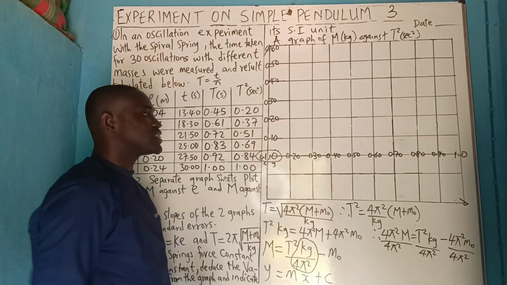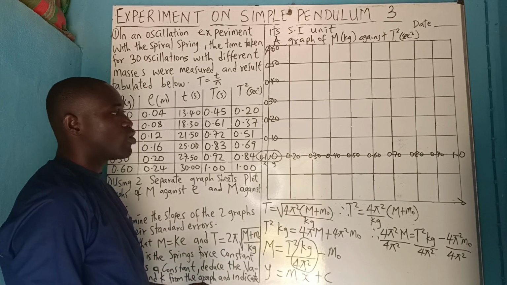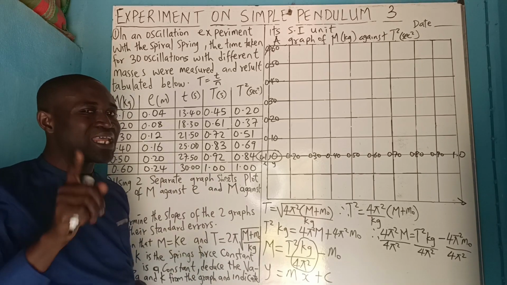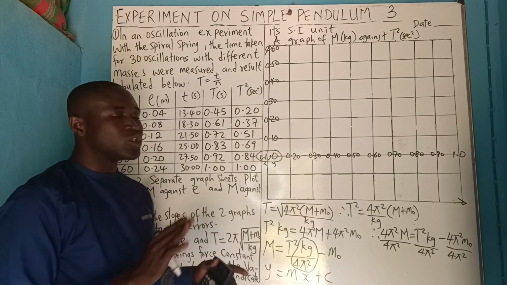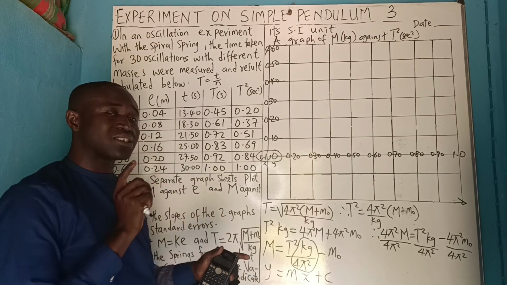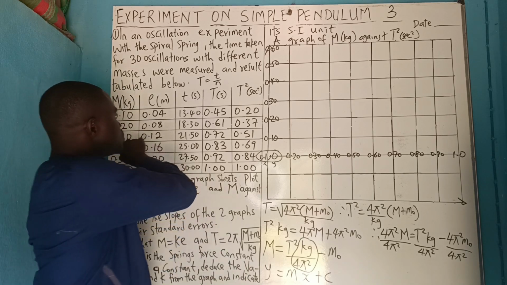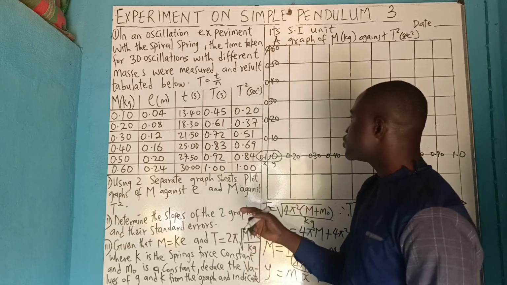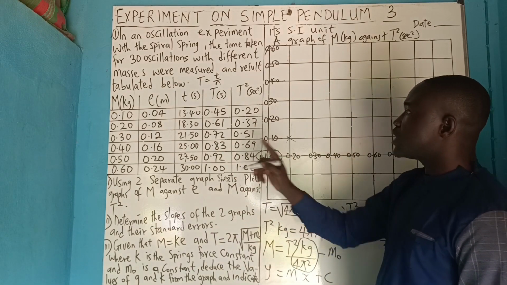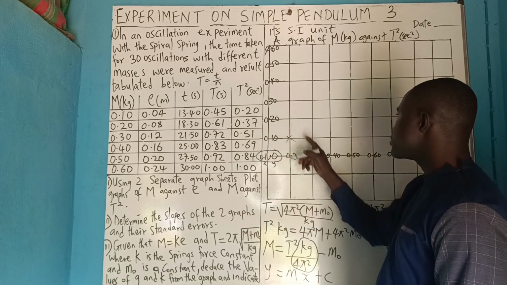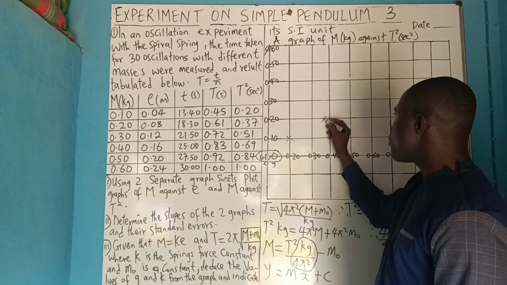Remember, this is just a sketch of the graph, so it's not a must that yours will go like this, depending on the standard graph you are using. So be able to check it well, choose an appropriate scale using the information I delivered in that video. Now the points: 0.1 and 0.2, 0.2 and 0.37, 37 should be somewhere here.